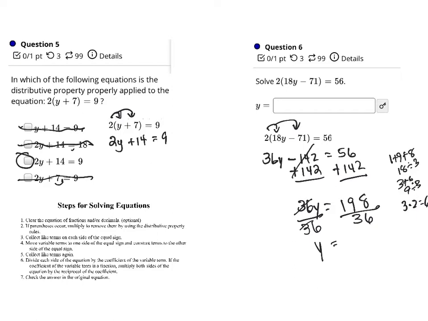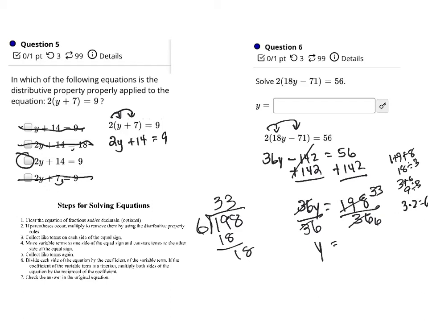So let's try 6. 6 will go into 36 6 times. And 6 into 198, well, let's see, 6 will go into 19. Let's go over here. Use a calculator, but you can't see a calculator here, so I'm going to do it by hand. 18, 33. So that gives us 33.